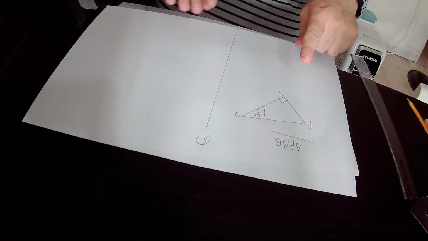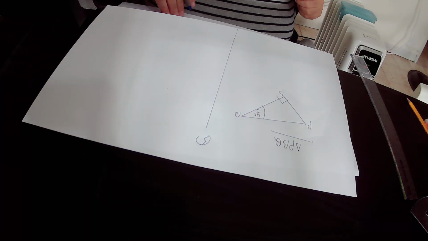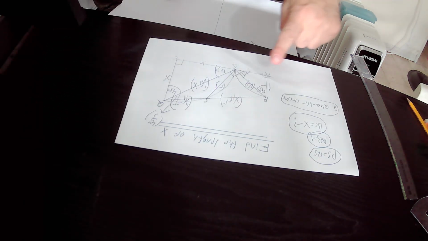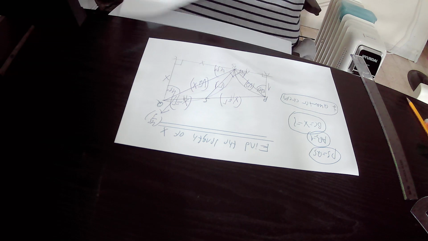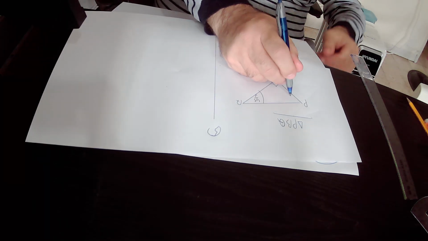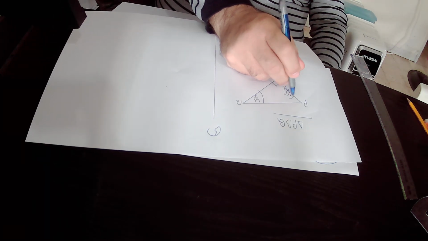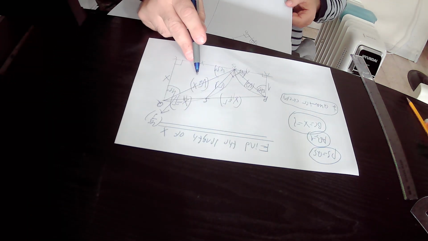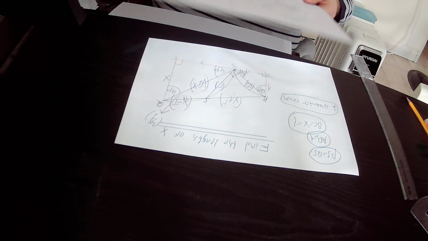Actually, this is the right triangle, triangle PBQ, that I copied from the original drawing. Side PB equals square root of 2 units in its length, and side QB equals square root of 2 times x units.